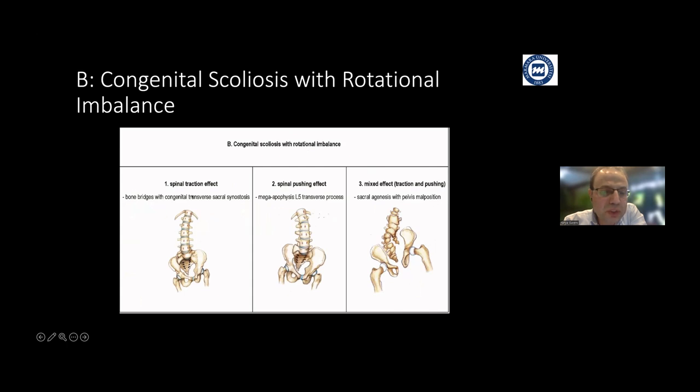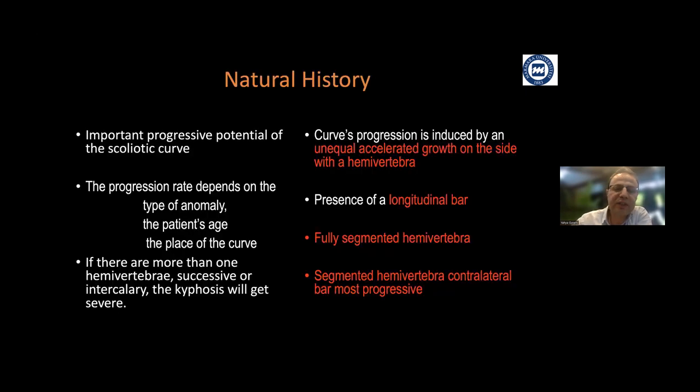Bone bridge with congenital transverse sacral synostosis, two, spinal pushing effect, L5 transverse process apophysis, and again, when the child is growing up, the spine has rotations. Three, mixed effect. There is a sacral agenesis here with pelvis malposition. And this is different from other classifications.